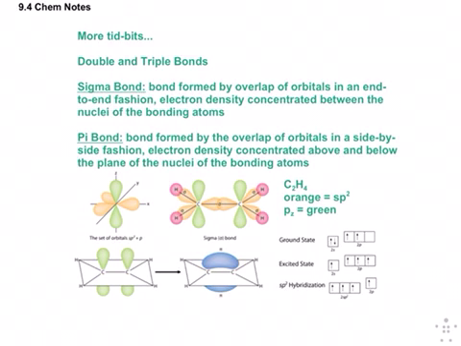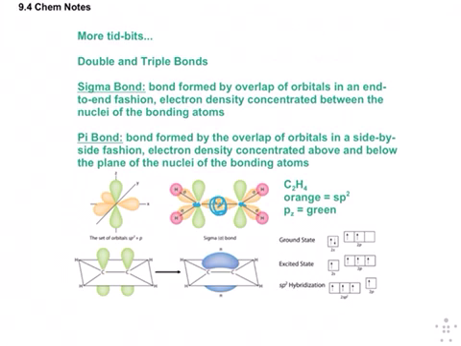Other things, double and triple bonds. This is more just an FYI. Sigma bonds and pi bonds are fancy names for the bonds in double and triple bonds. Sigma bonds will form when the orbitals overlap end to end, like this, and the electron density is concentrated between the nuclei of the bonding atoms, so the electrons are in here, in between the 2 nuclei.